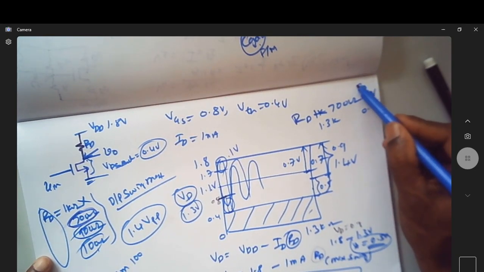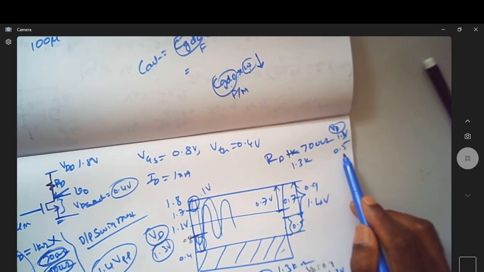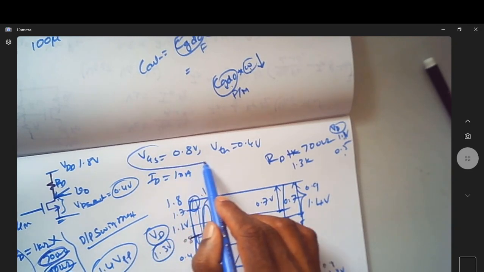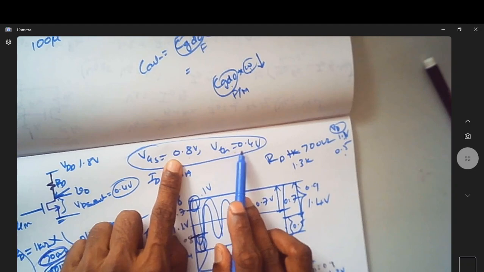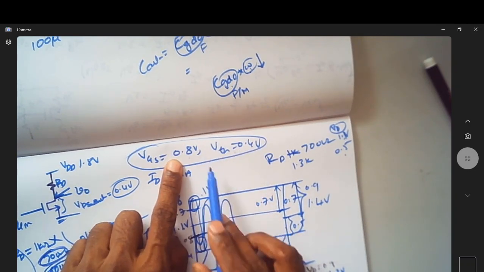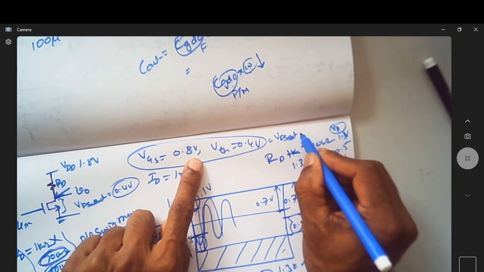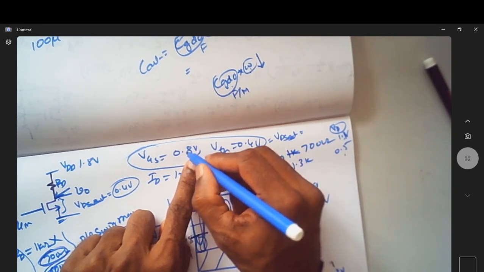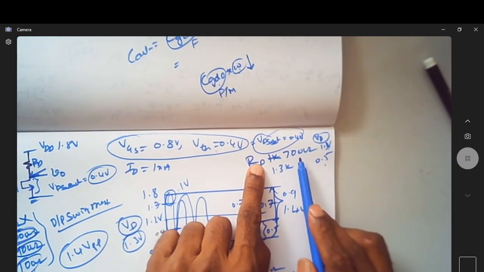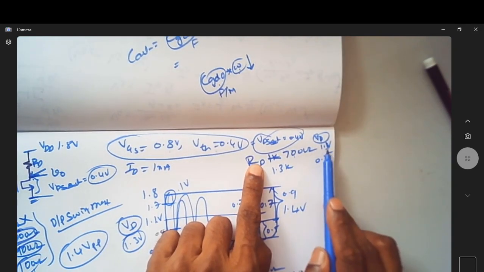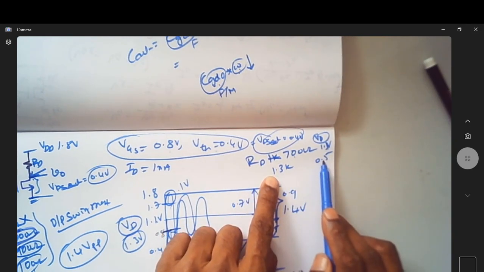So will these values of VD, 1.1 and 0.5, keep the MOSFET in saturation region with this value of VGS? VGS is 0.8, VTH is 0.4, the saturation voltage VDS sat is equal to 0.4 volt. When RD is 700 ohm, VDS is 1.1 volt. When RD is 1.3K, it is 0.5 volts.